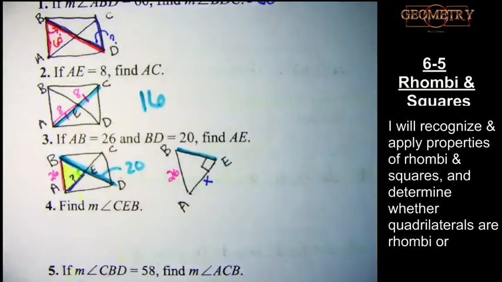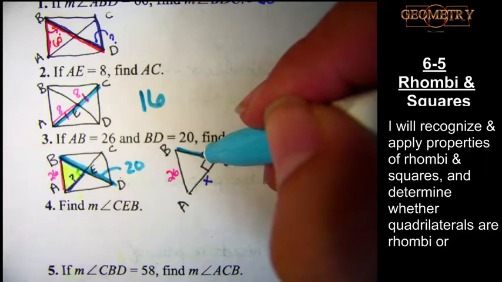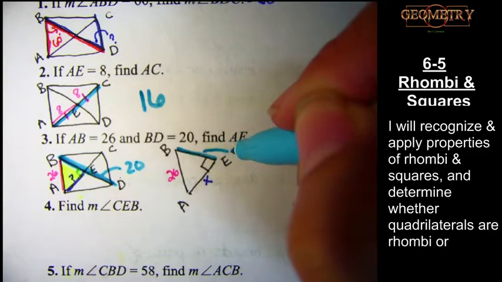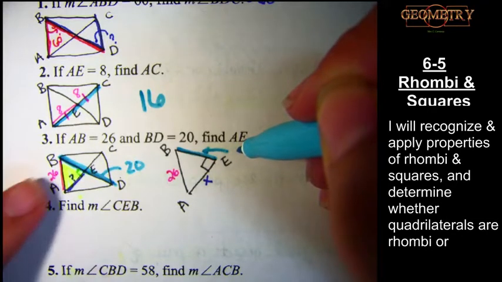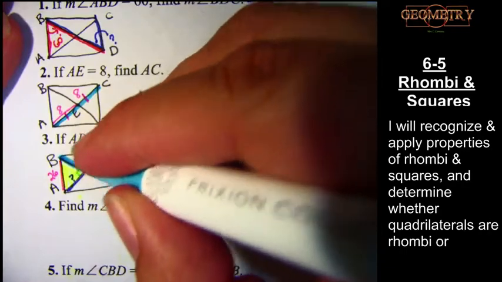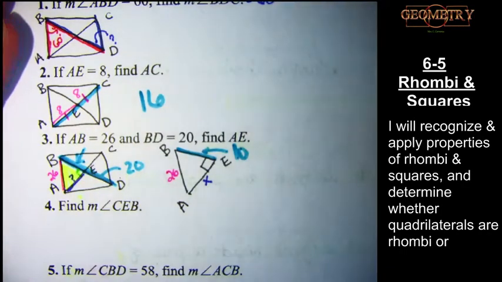And since this is a rhombus, it's a parallelogram. And in a parallelogram, the diagonals bisect each other. They cut each other in half. And so this piece right here must be half of the entire thing. The entire thing measures 20. I want just this one piece. 10. Yeah, cut it in half.